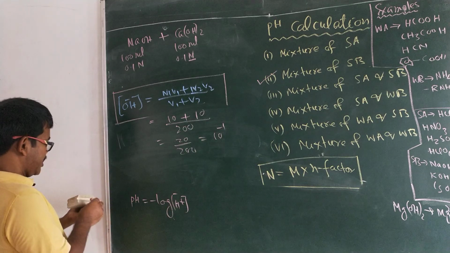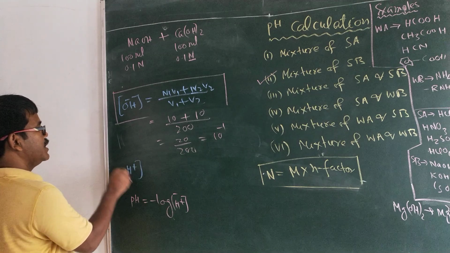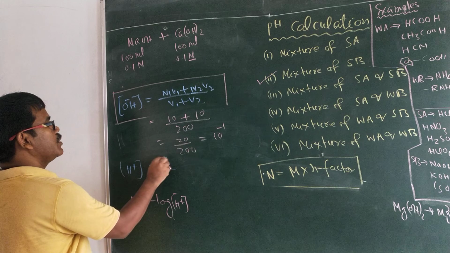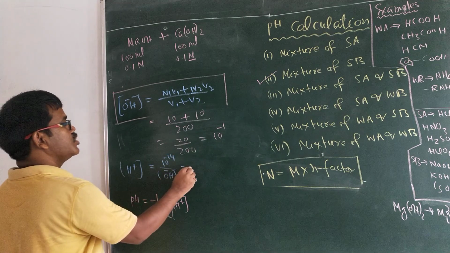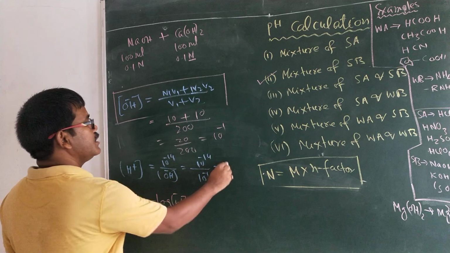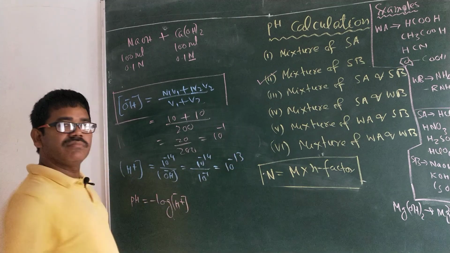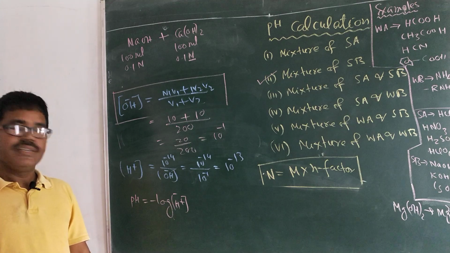Therefore, the H plus concentration is nothing but 10 to the power minus 14 divided by the OH minus concentration, that is 10 to the power minus 14 divided by 10 to the power minus 1. That is nothing but 10 to the power minus 13, the H plus concentration. Clear? Yes.